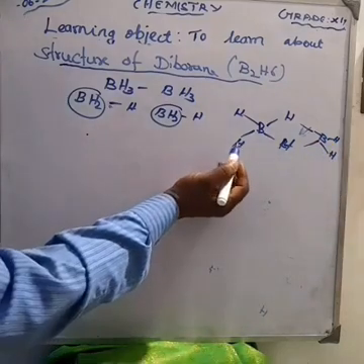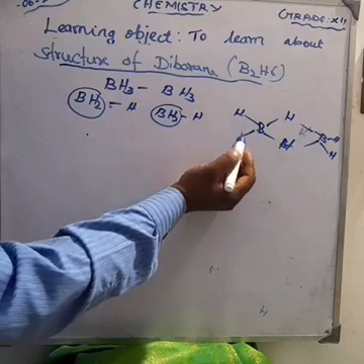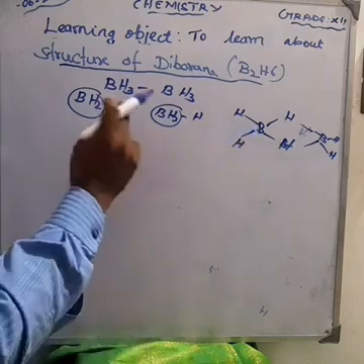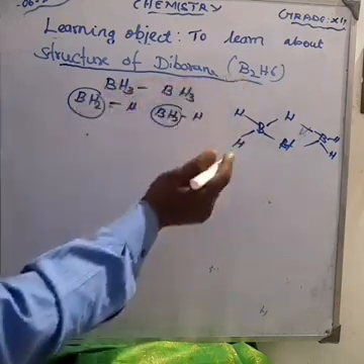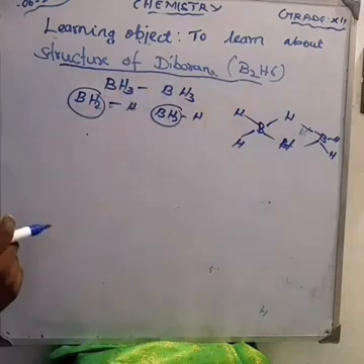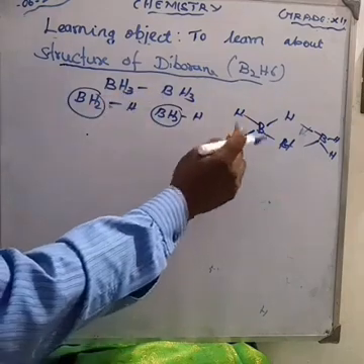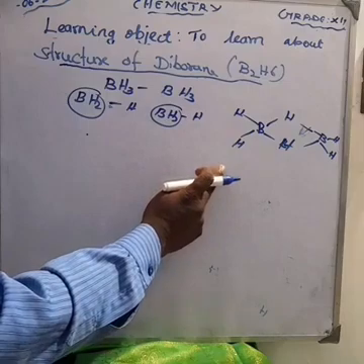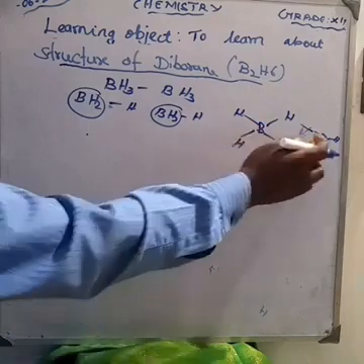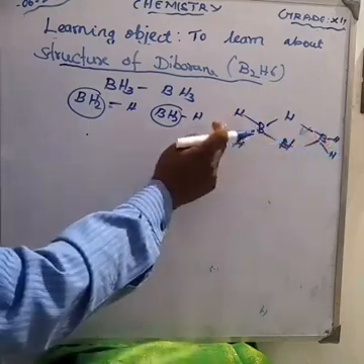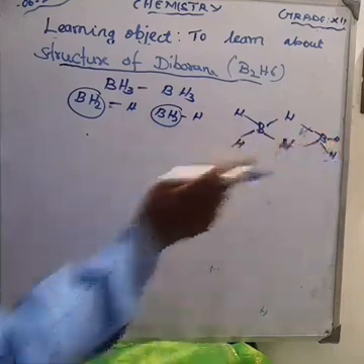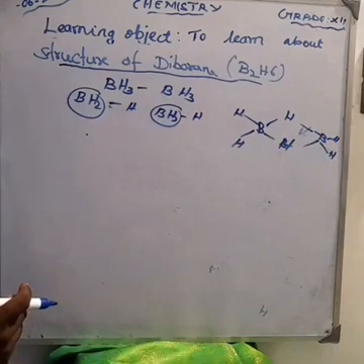Already there is only one hydrogen here. So what is the formula? BH3, otherwise written as B2H6. How much boron is there? 2 boron, and hydrogen 3 plus 3, 6 hydrogen: 1, 2, 3, 4, 5, 6.